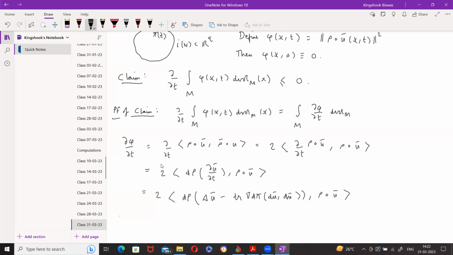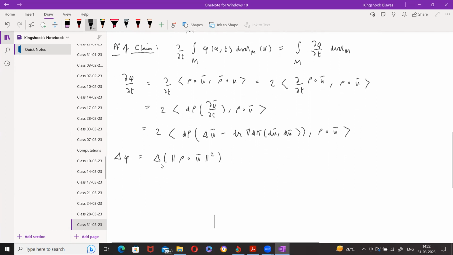So now what we can do is we can also compute the Laplacian of phi. Okay. So Laplacian in the space variable of phi. So this is the Laplacian of the norm squared of rho composed with u bar. So we've computed what the Laplacian of a norm squared is for a vector valued function.